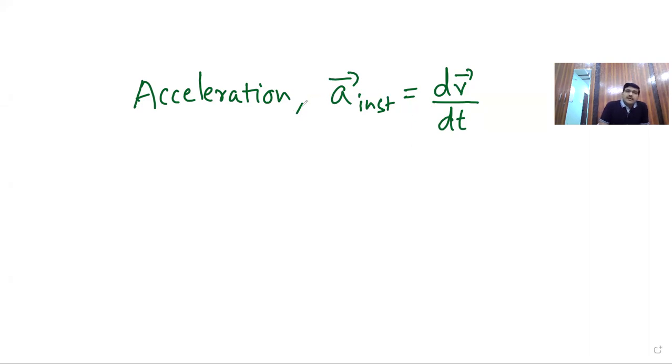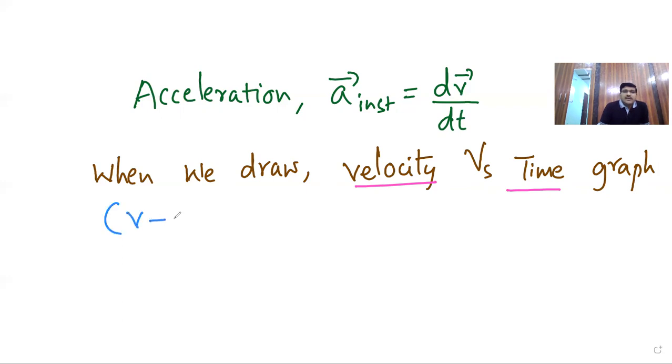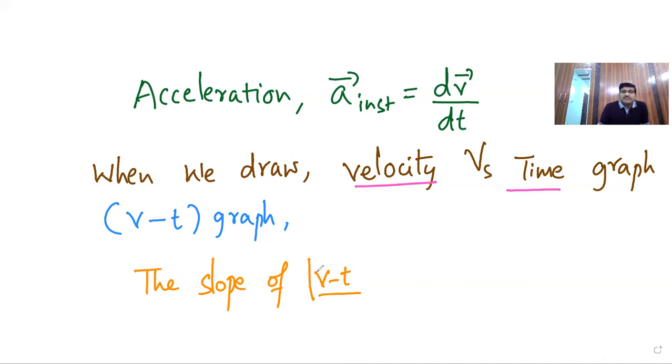This instantaneous acceleration, as we define, here I highlight, when we draw a velocity versus time graph, that is the VT graph, the slope of the VT graph, the velocity time graph, gives acceleration.